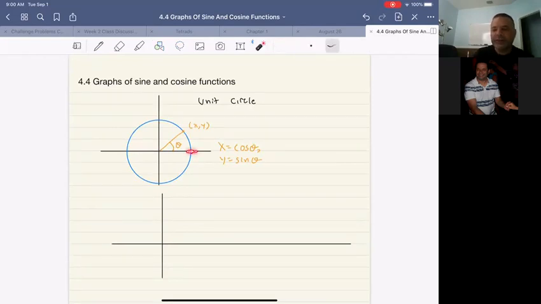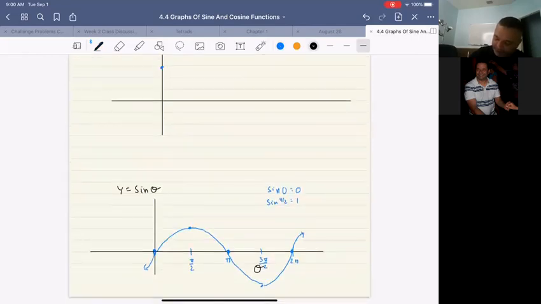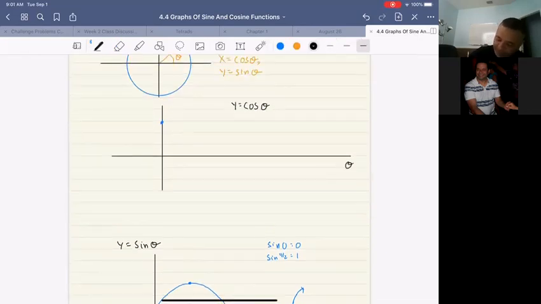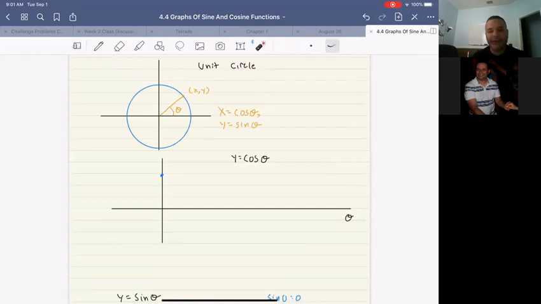When the angle is 0, what's the x-coordinate over here? That's right, the x-coordinate here is 1. So at 0, we're going to start here. Of course, this is going to be y equals cosine theta. Now, when we have this angle of pi over 2, the cosine is 0, right?